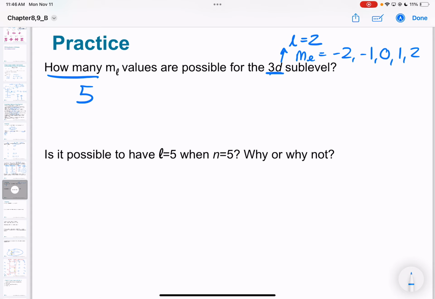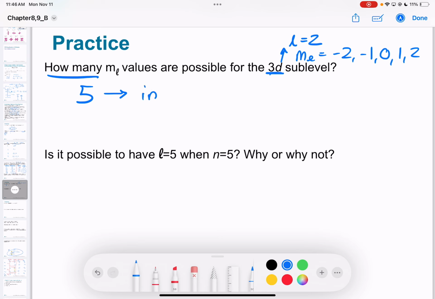Not what are the M sub L values, but how many of them are there. Because what this is really telling us is that in the 3d subshell, there are 5 orbitals. And in each of those orbitals, you can have 2 electrons, so a total of 10 electrons possible in the 3d subshell.